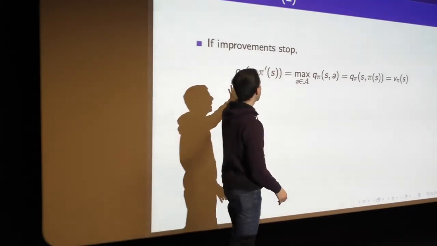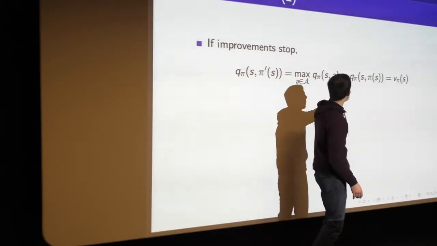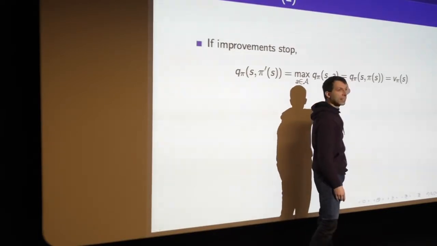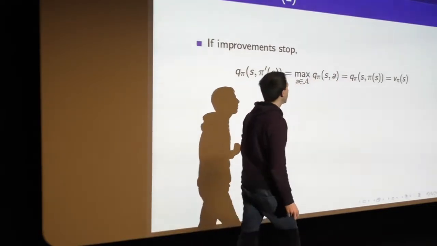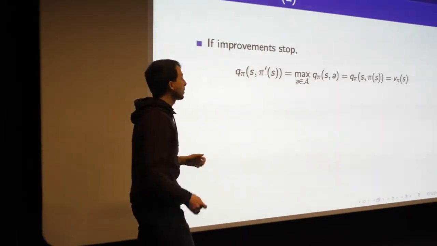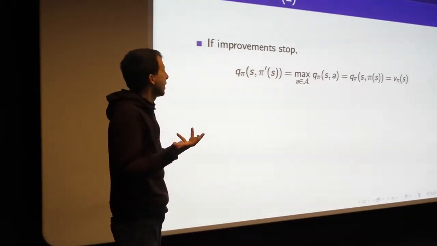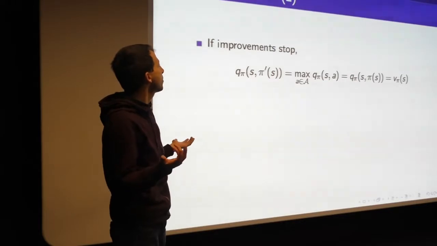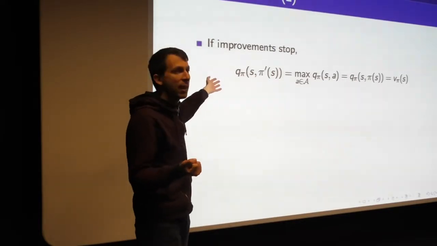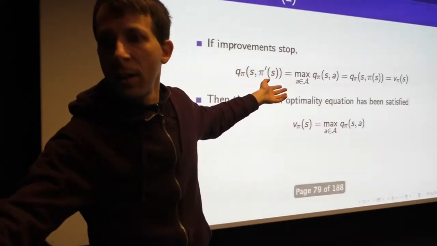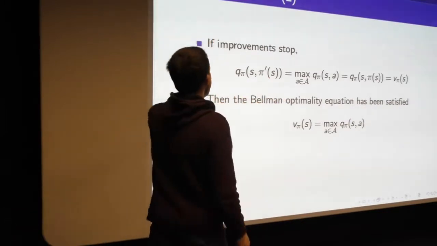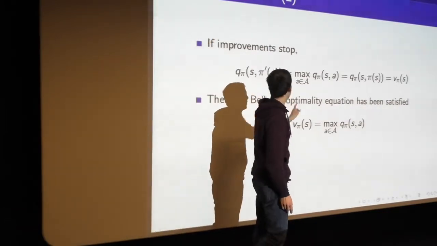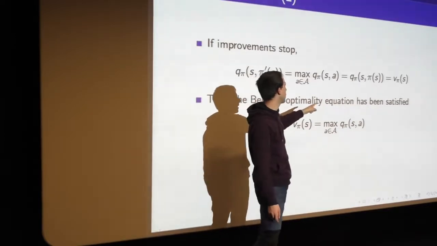So we're just going to plug in. It's the same equation we had before, but now we're going to plug in equality instead of less than or equals. And what do we know about this? The good news is that if improvement stopped, then we've just written out the Bellman equation. In other words, if this is satisfied, then we have satisfied the Bellman optimality equation.